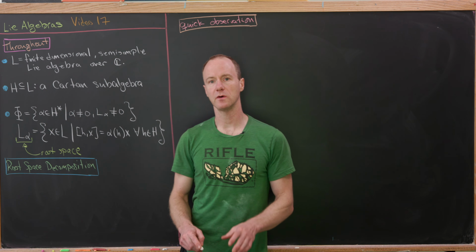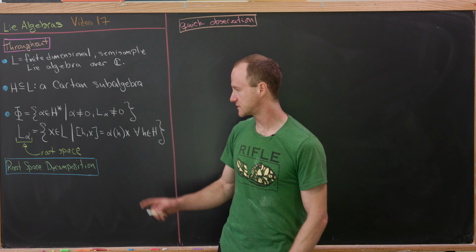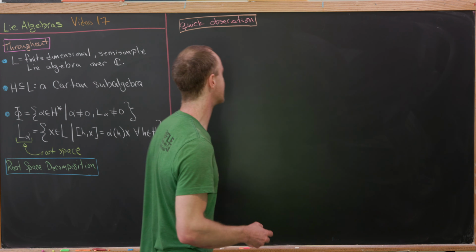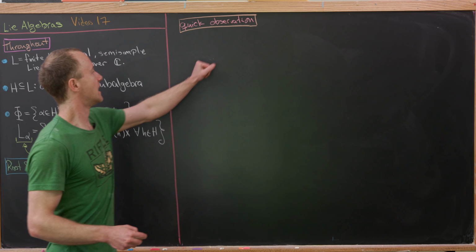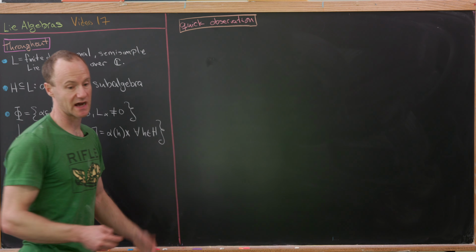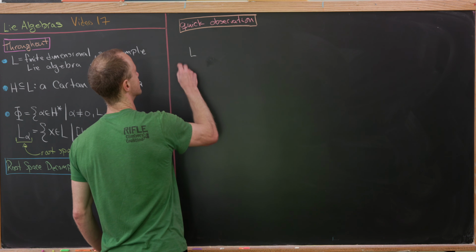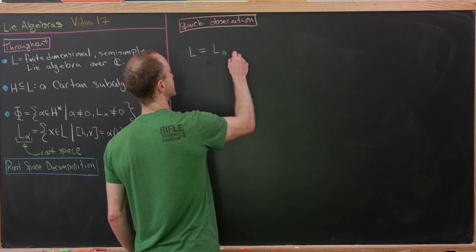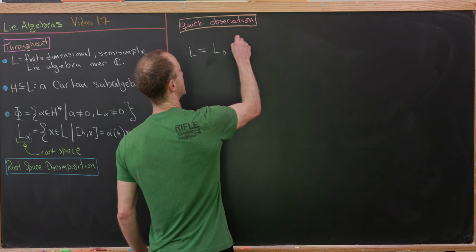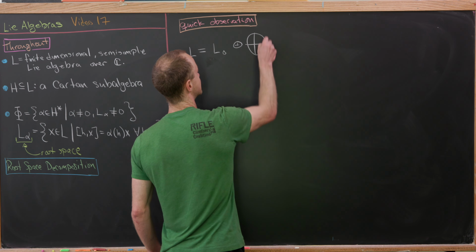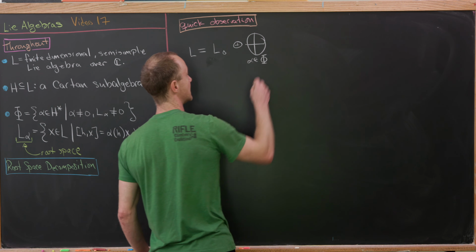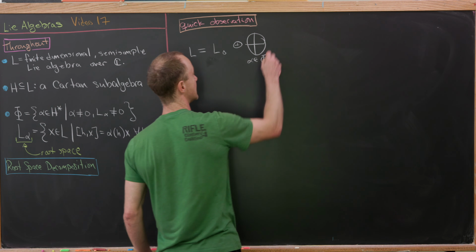Okay, so now I'd like to make a quick observation about this root space decomposition that follows from what we did last time. And several videos ago, we had the following root space decomposition. We wrote L as L0 plus the direct sum over all roots alpha in Phi of L sub alpha.